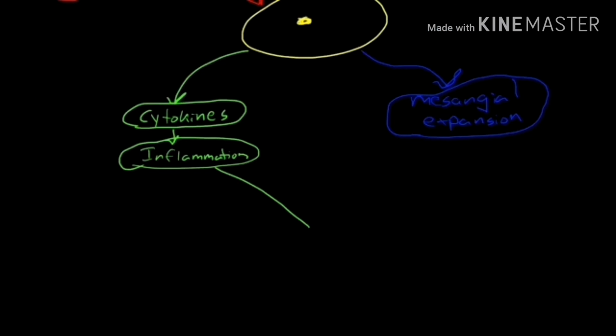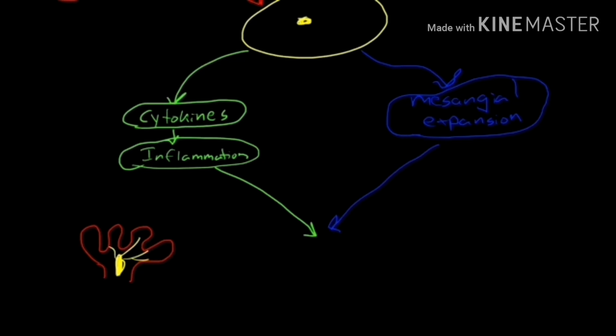Now these two factors are going to combine together to stimulate the mesangial cell to start to create an increased mesangial matrix. Remember, the mesangial matrix is this matrix that the mesangium creates around itself that holds the capillaries together.